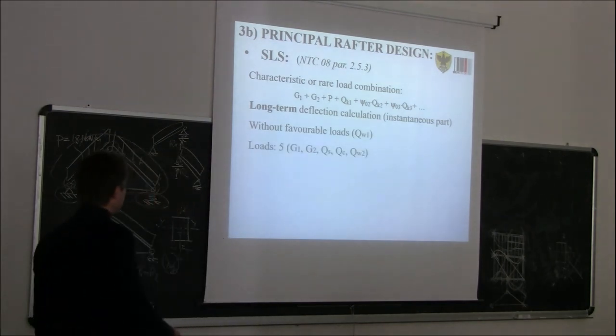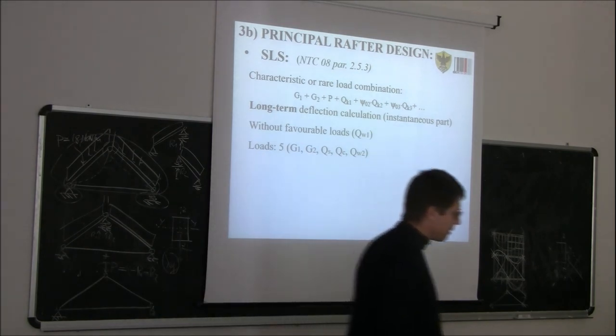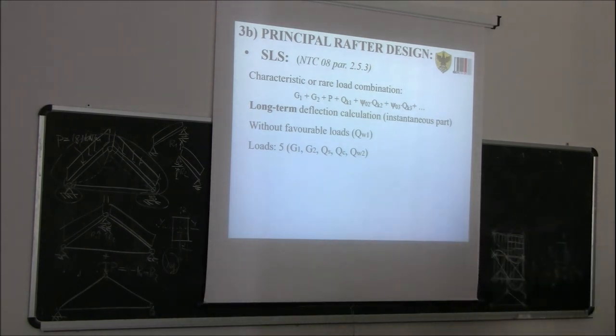For the long-term deflection, for the instantaneous part, as usual, we consider all the unfavorable loads, so both permanents and the wind load, the downward wind load, the maintenance, and the snow.